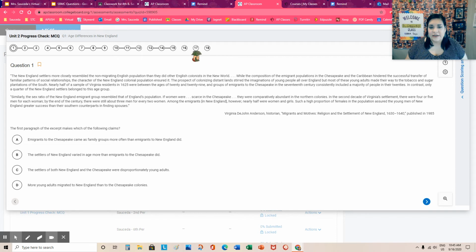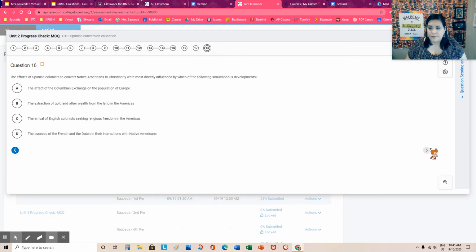Something tells me 16, 17, 18 don't have a stimulus because there's no cluster. Select your answer and move on. It automatically saves your answers for you. When you are done, click Submit at the very end. So let me see if it would be 18. I don't know where it is, but it would be on there. Maybe because you haven't answered them all. It does autosave. Try to answer all of them.